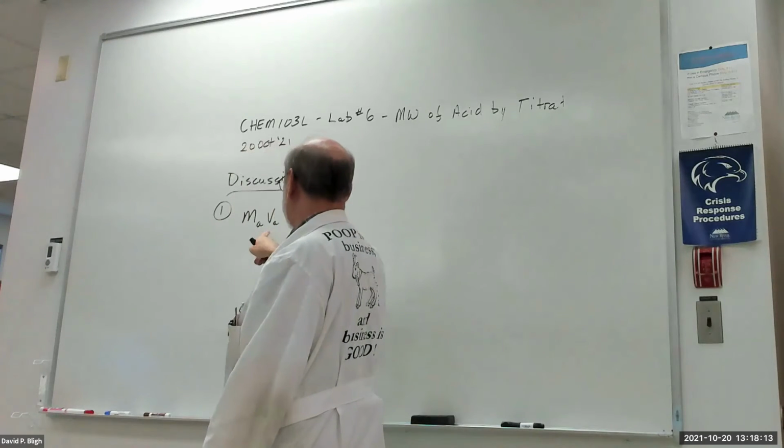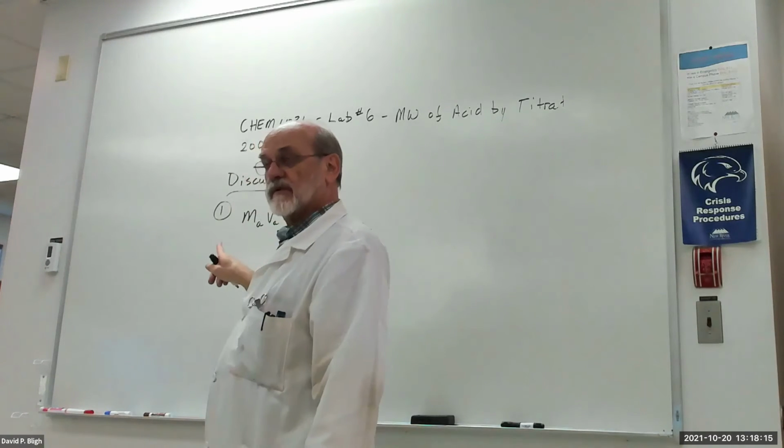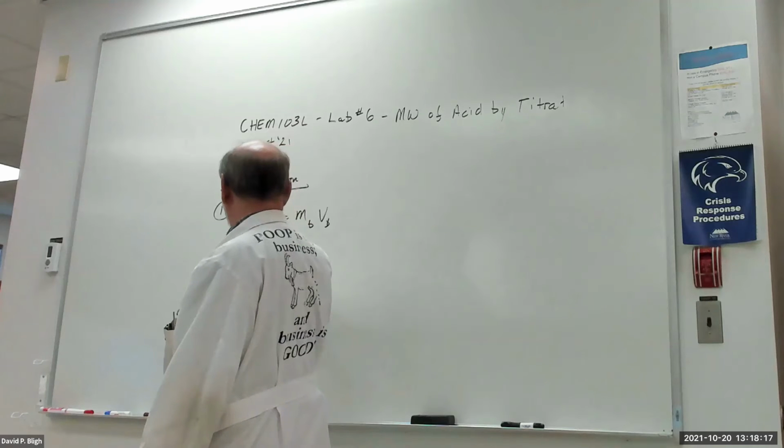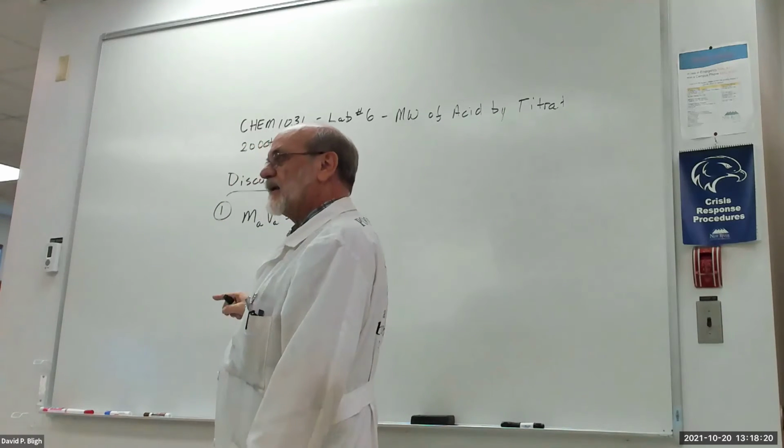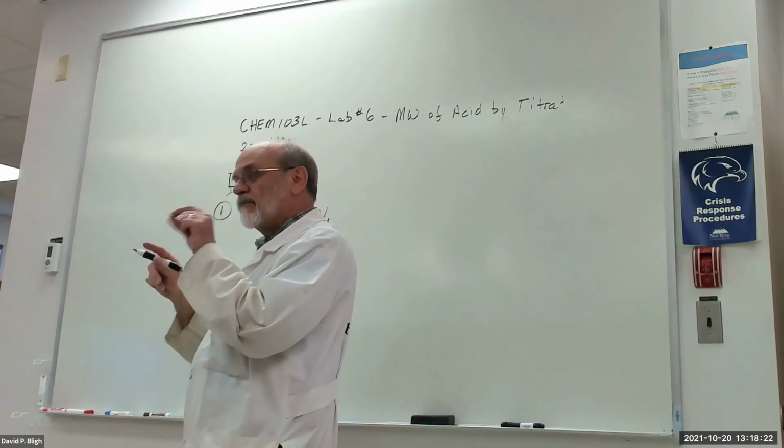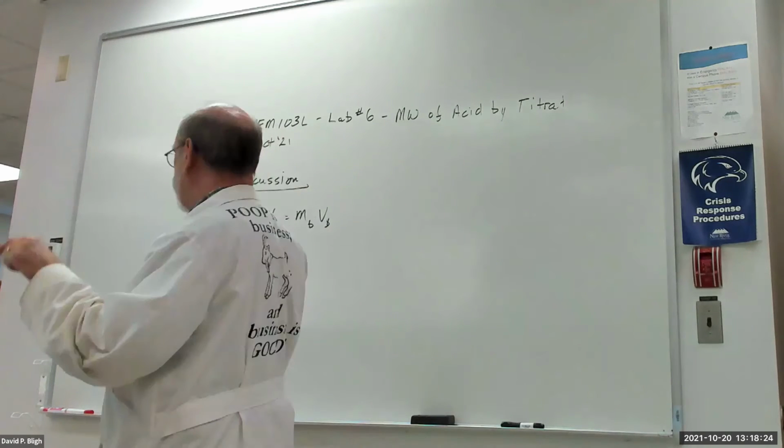Molarity of the acid times its volume equals molarity of the base times its volume. Because this equals moles and that equals moles. And if they're the same number of moles per molecule, then these are equal.